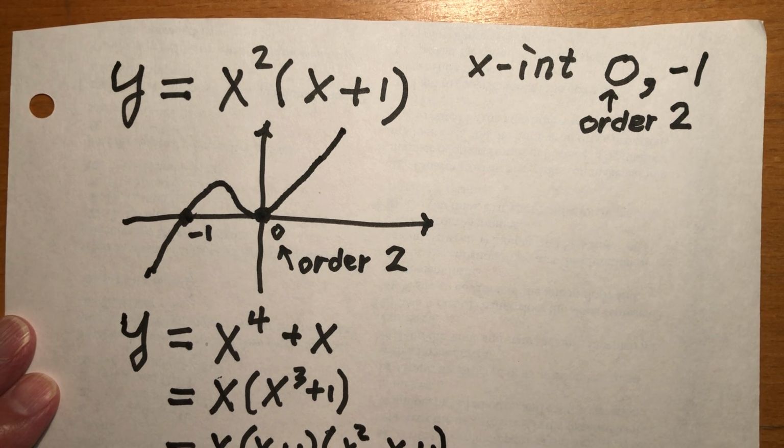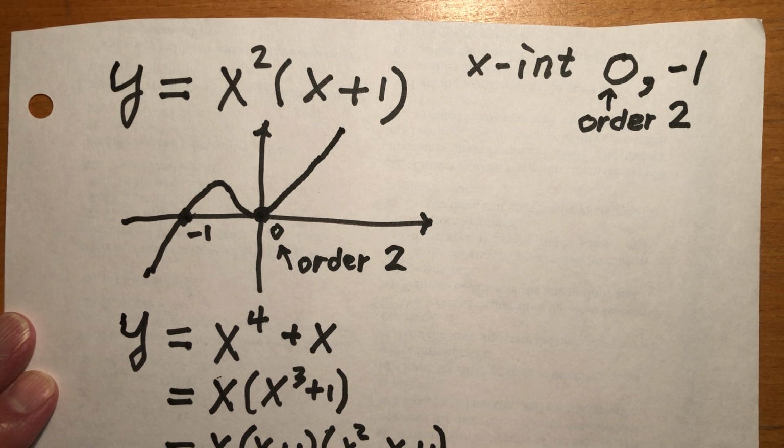So this gives the x-intercept 0. This gives me x-intercept minus 1. This does not give me any x-intercept because b squared minus 4ac is less than 0. b is negative 1, a is 1, c is 1. So negative 1 squared minus 4 times 1 times 1 is less than 0.